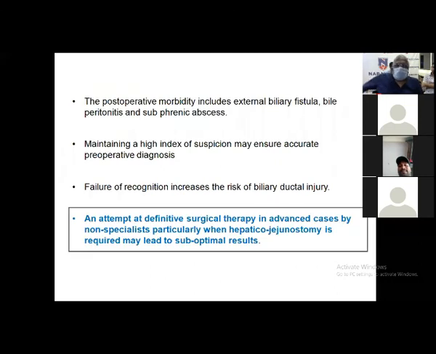The postoperative morbidity includes external biliary fistula, biliary peritonitis, subphrenic abscess. When you treat all that, the patient may go on to a biliary stricture. Maintaining a high index of suspicion may ensure accurate preoperative diagnosis. This one point is missing: you can have biliary stricture.